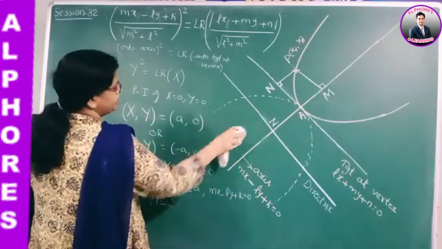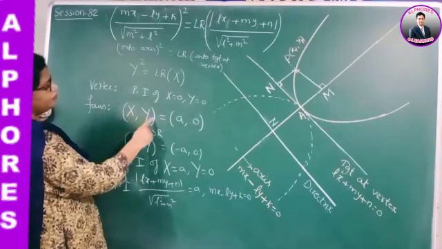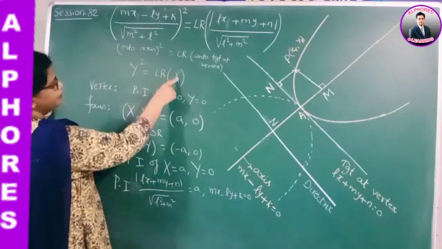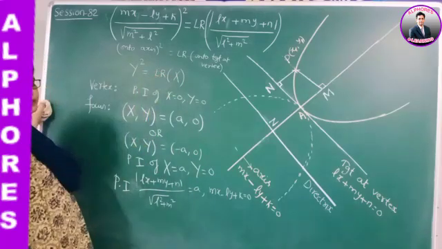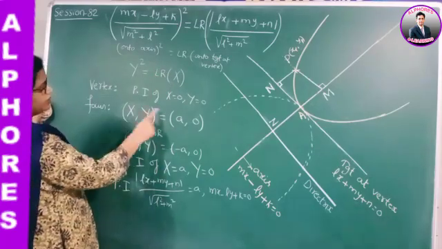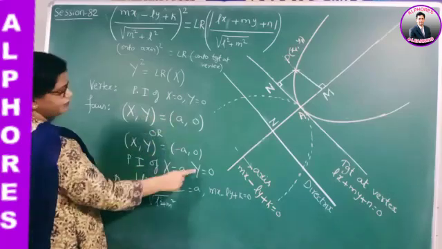Okay, so what is the formula for the focus? Focus is nothing but x comma y, actual formula a comma 0 or minus a comma 0, because the latus rectum is minus 4ax or plus 4ax, and after that you get the point of intersection of x equal to a, or you can write minus a, and y equal to 0.